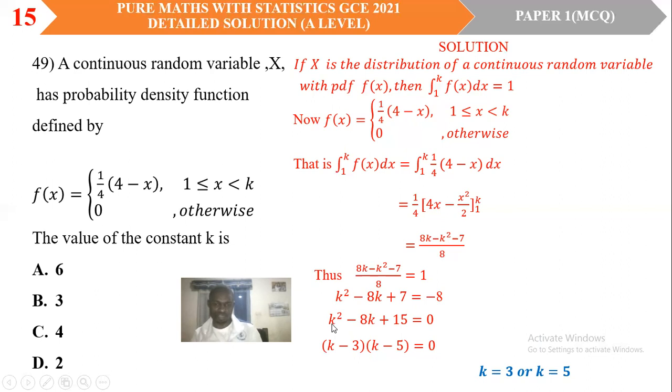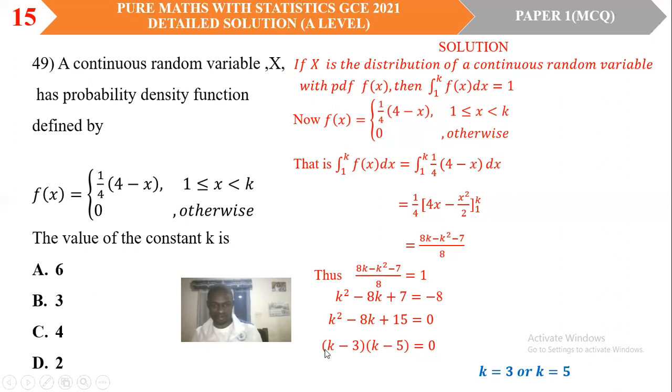So making it a standard quadratic, we have k squared minus 8k plus 15 equals 0. And looking for factors of 15 whose product gives 15 and whose sum gives -8, we have -3 and -5. This is how we factorize.